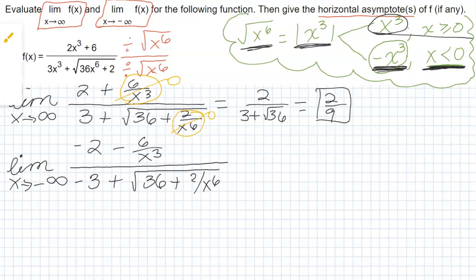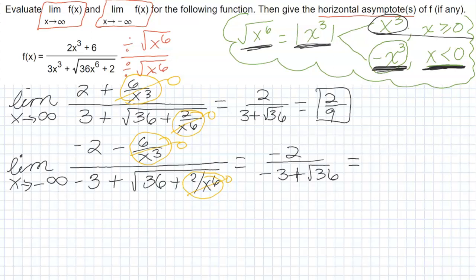So here, this will go to 0, this will go to 0, right, as x goes to negative infinity. So you will have negative 2 over negative 3 plus square root of 36. And square root of 36 is 6, minus 3 is 3.